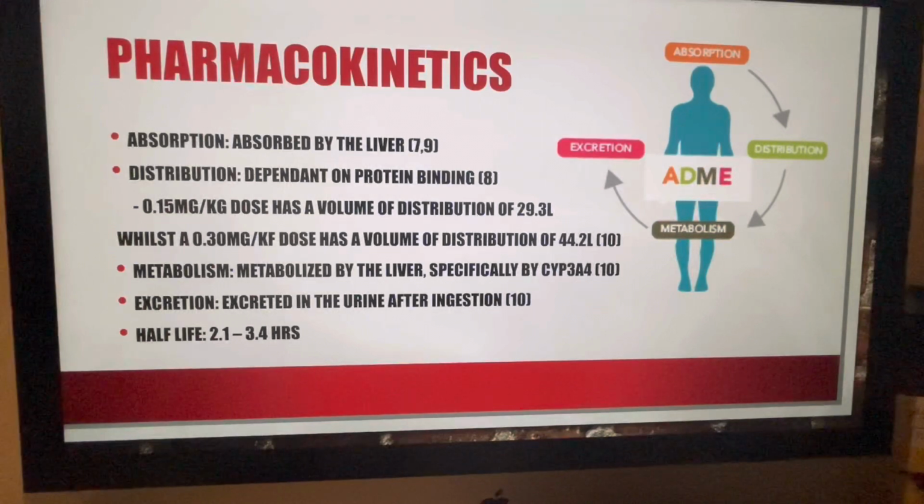Now let's have a look at its pharmacokinetics. George takes prednisolone orally, so it moves through the digestive system and almost all of it is absorbed readily after administration, almost 80 to 100%. Prednisolone is a prodrug, which means that when George ingests the drug, it is actually not active.